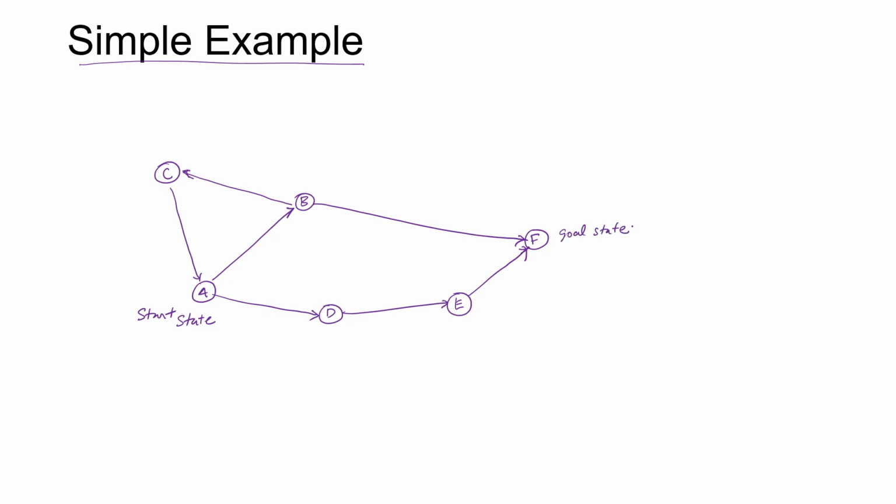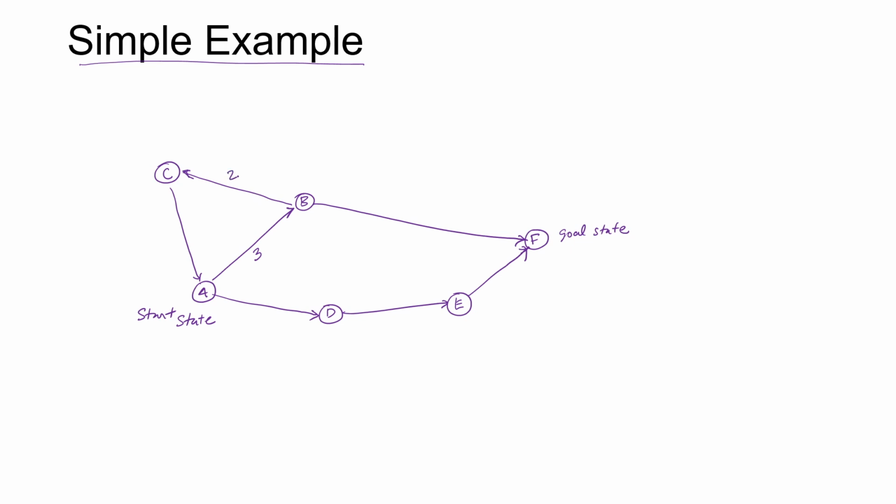So state is the condition, and on each move you have a cost associated, something to spend. From A to B it takes 3, 3 time units or $3, whatever it is.